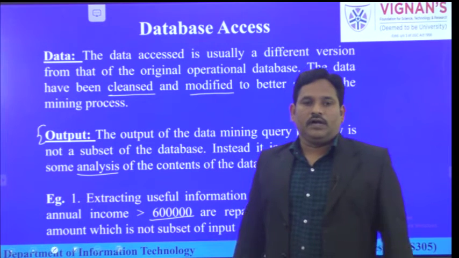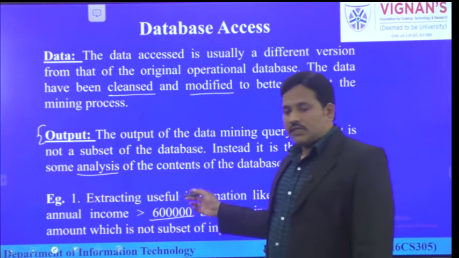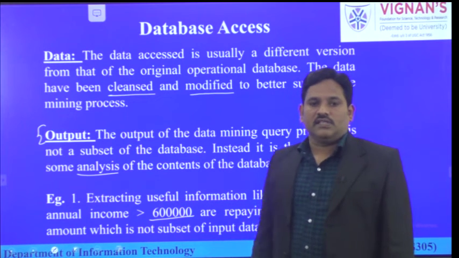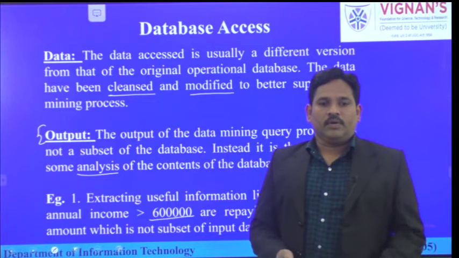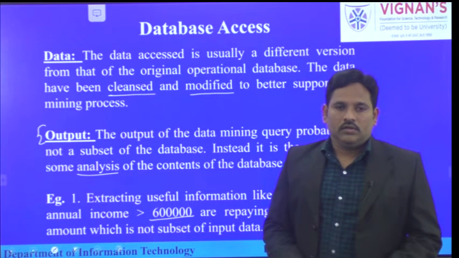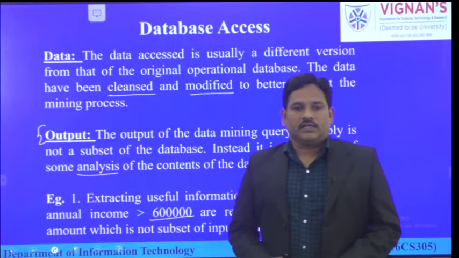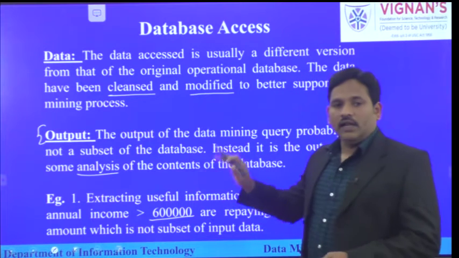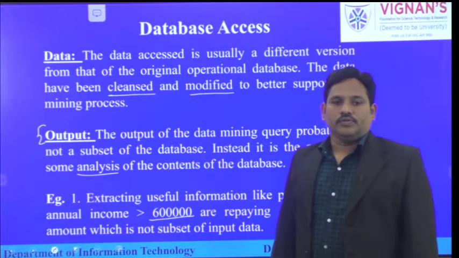From that information, we want to identify whether any person or customer whose salary is greater than 6 lakhs is going to make the loan repayment on time or not. That means we want to find some loan defaulters by applying some analytical activities, or you can say by applying data mining approaches.